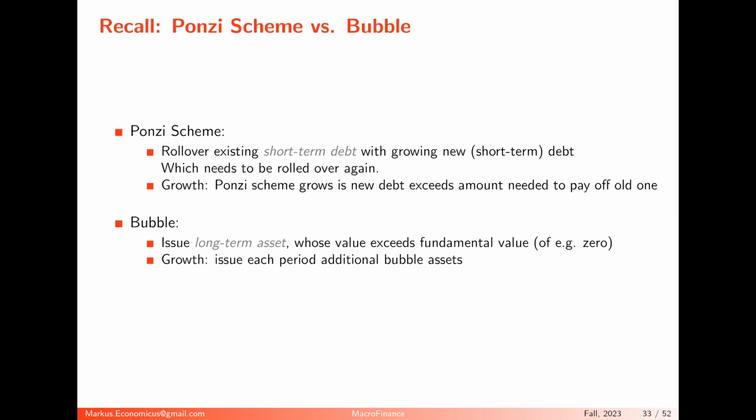The bubble lives on this long-term asset, and you don't have to pay it back because it's a long-term asset. Let's say it's a perpetual bond, but you can issue a new bond every period to expand the total supply of bonds. So you can have a Ponzi scheme where it's always a one-period or one-instant bond, and you pay back the old bond and issue more.